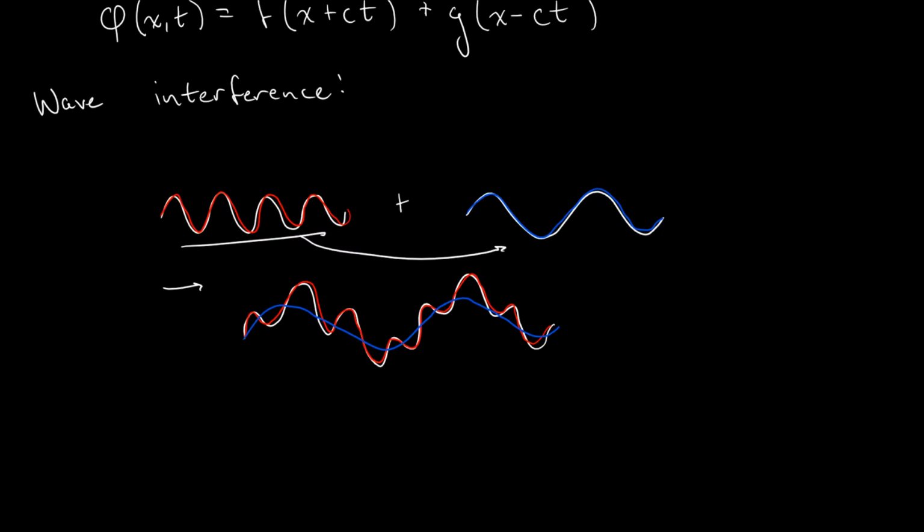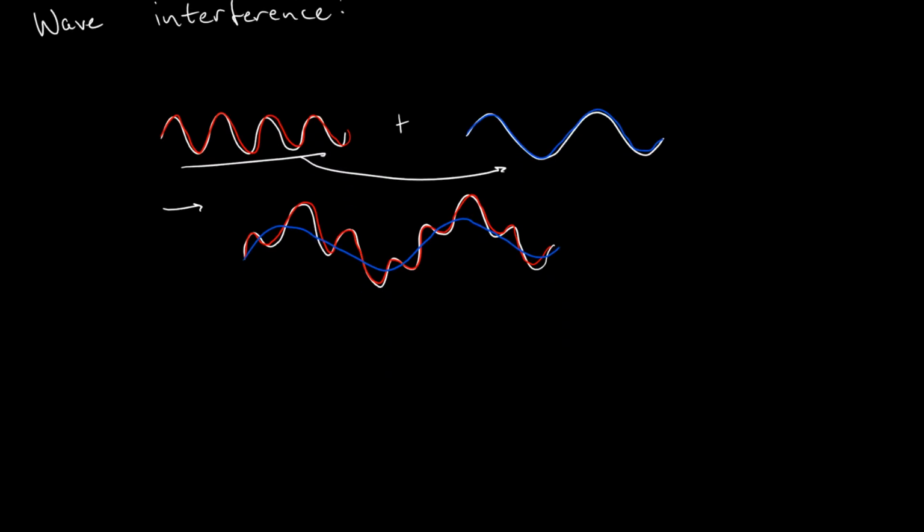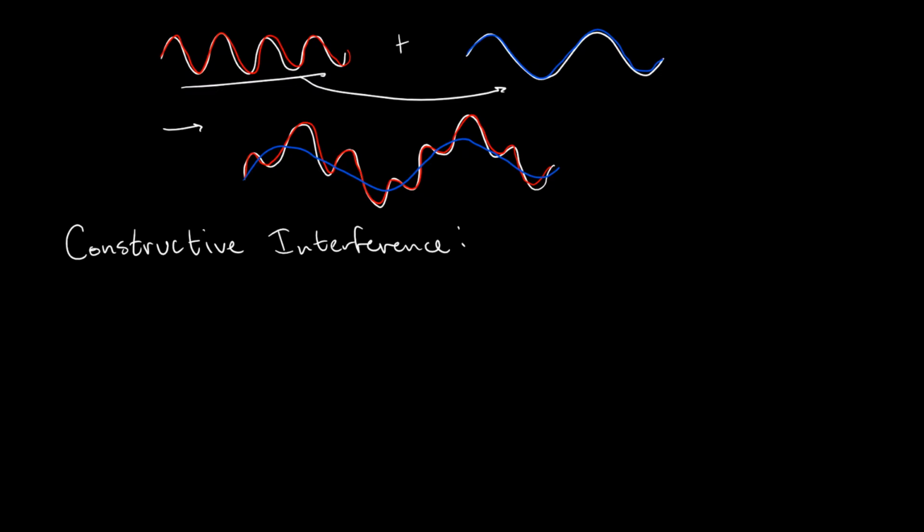What you'll typically see is that it's split into two different pieces. The first is constructive interference, which is when I have two different pieces, in this case little bumps, plus another little bump. Since they're both positive, they add together, and the end result is a bigger bump.